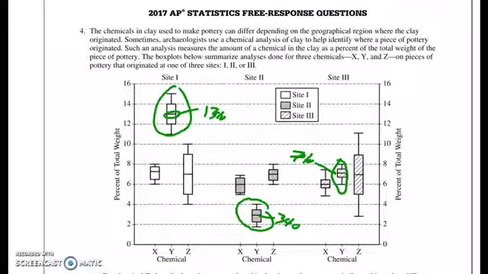If we look at chemical X, which is here, here, and here, the medians for site 2 and site 3 are both pretty much the same at 6%, and then site 1 is only 1% higher at 7%.